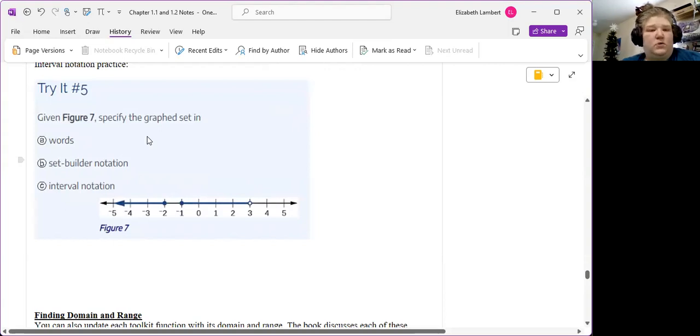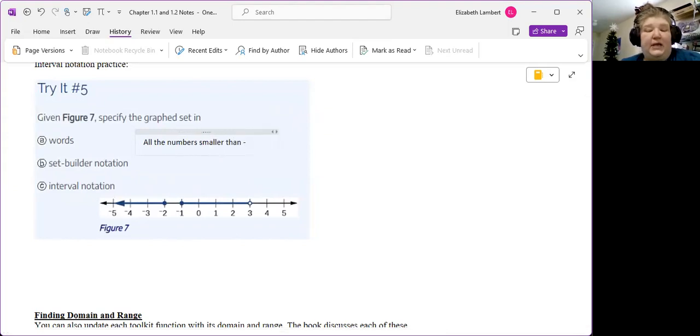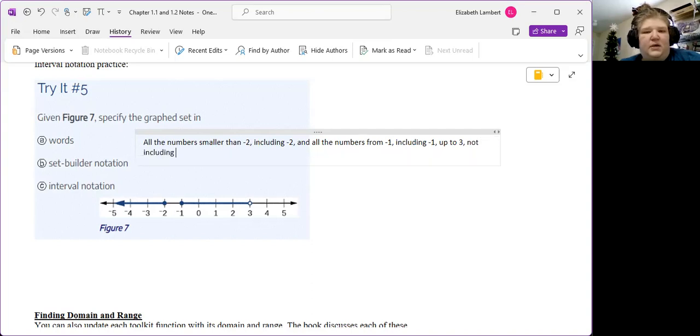Okay, so all the numbers smaller than -2, including -2, and all the numbers from -1, including -1, up to 3, not including 3.